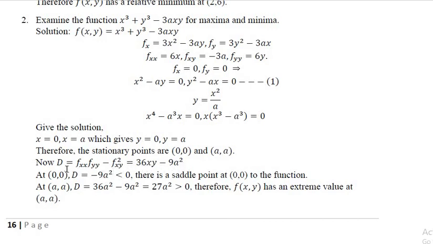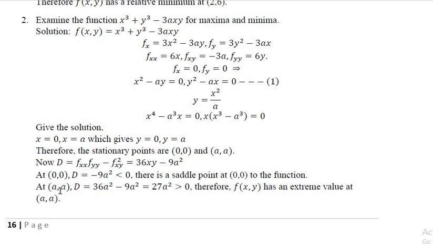Now we can find the value of D at each critical point or stationary point. So at (0, 0), we will get D equal to minus 9a square. Whatever the value of a, minus 9a square is less than 0. That indicates the function has a saddle point at (0, 0).